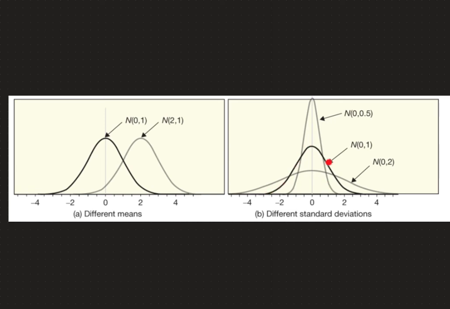For our standard normal distribution, which has a mean of 0 and a standard deviation of 1, the usual one we work with, between 2 standard deviations above and below the mean is 95% of the data. That's the truth that we have been working with as we've been working with StatKey for the last few days.